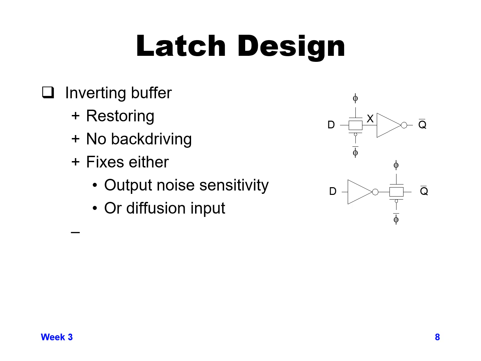Or if you put the inverter before the pass gate, it will solve the diffusion at the input, since now your previous driver is driving into the gate of an inverter instead of driving into the diffusion of a pass gate.